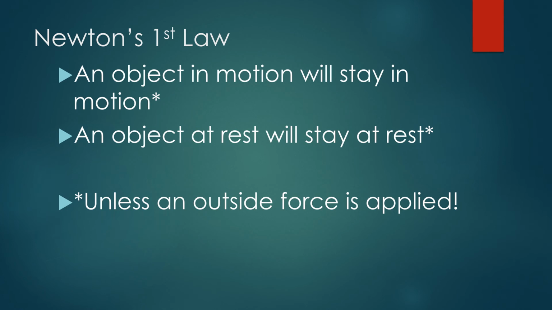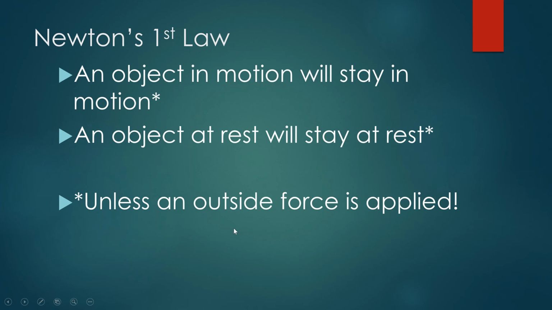So his first law basically says an object in motion will stay in motion and an object at rest will stay at rest. Now, I have these little asterisks here, because there is a caveat or an exception to these rules.